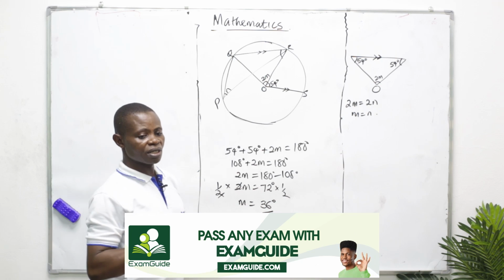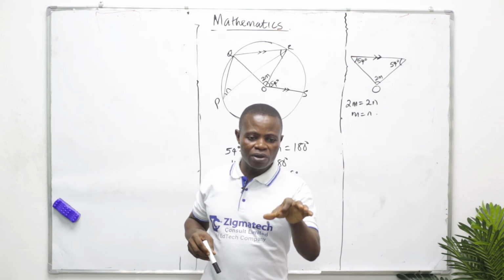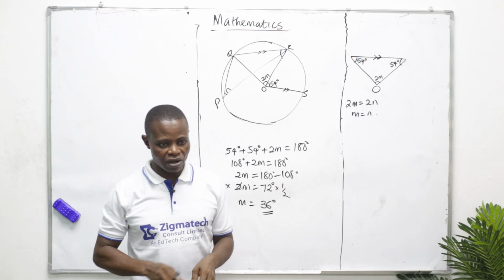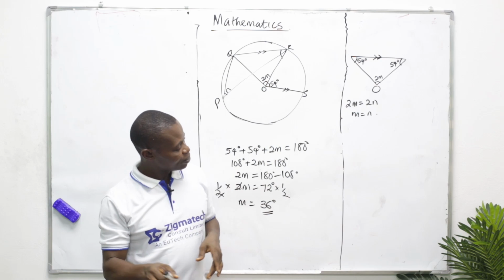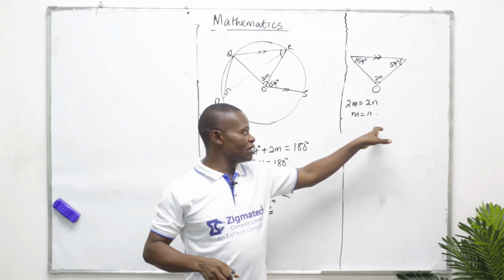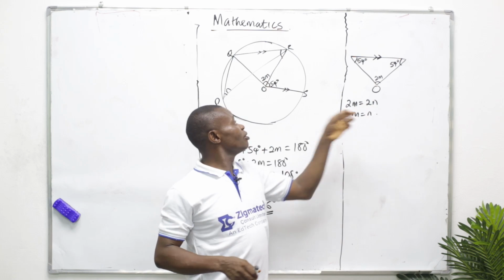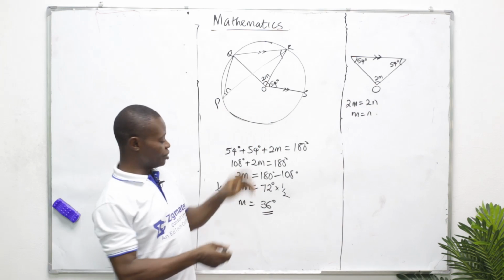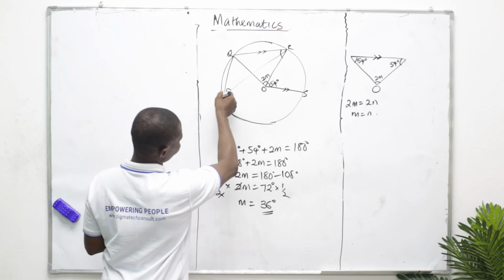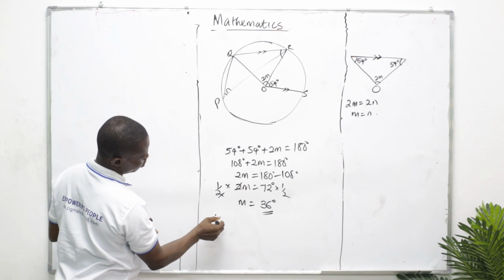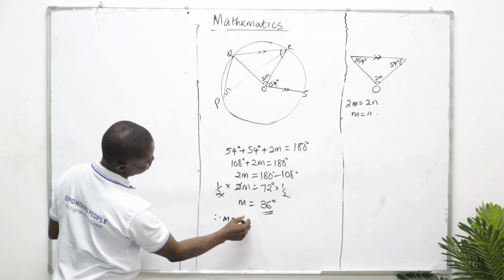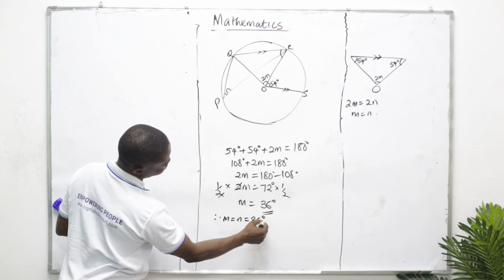But our question is, find the values of m and n. Recall, m equals n. Reason, angle at center is twice angle at circumference. Therefore, m equals n equals who? 36 degrees.